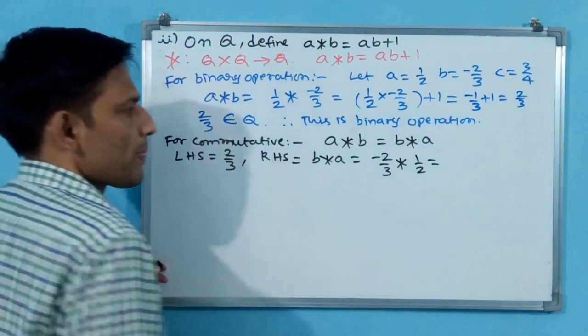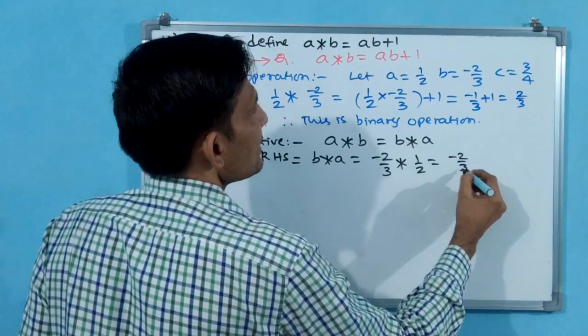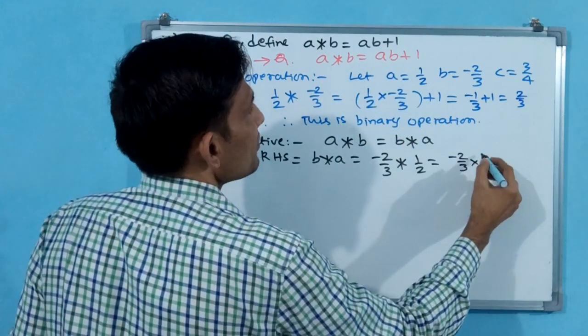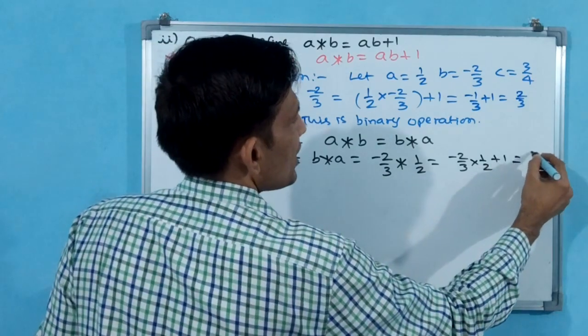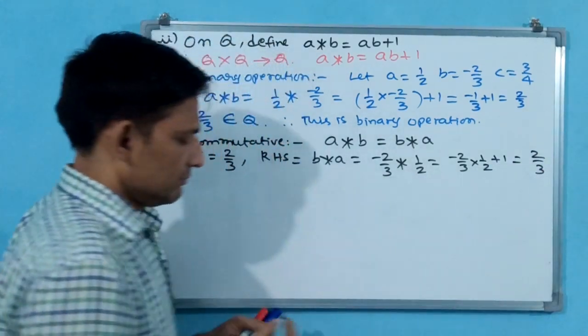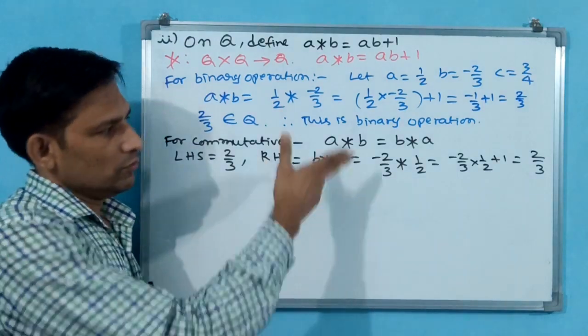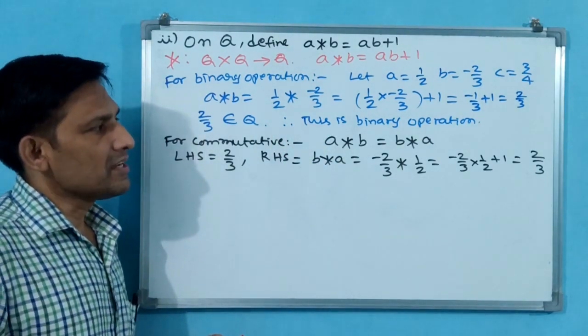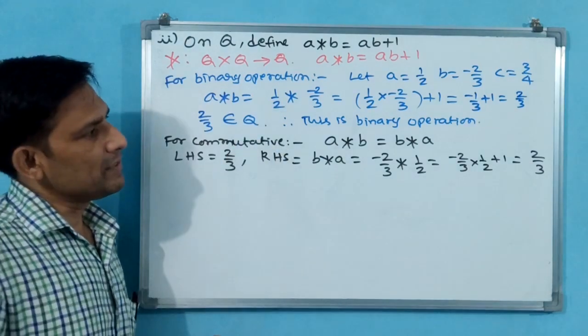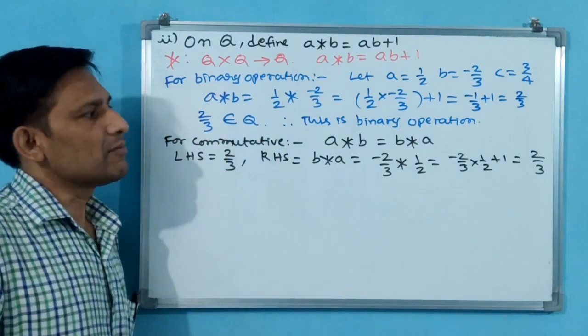That is equal to minus 2 by 3 into 1 by 2 plus 1. Same, 2 by 3 only is going to come. You see, 2 will cross, minus 1 by 3 plus 1. Same as the top, minus 1 by 3 plus 1 will come 2 by 3.